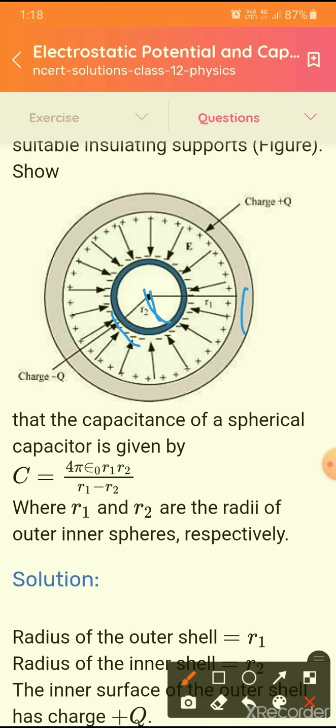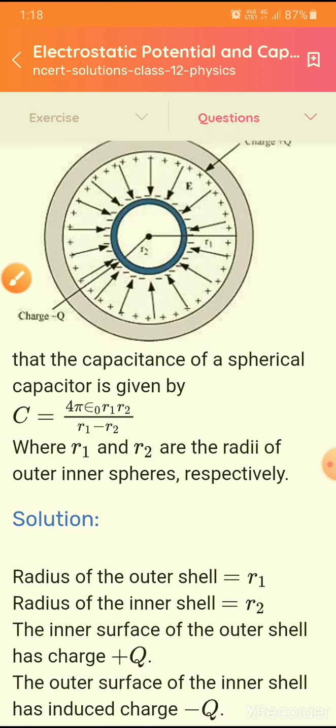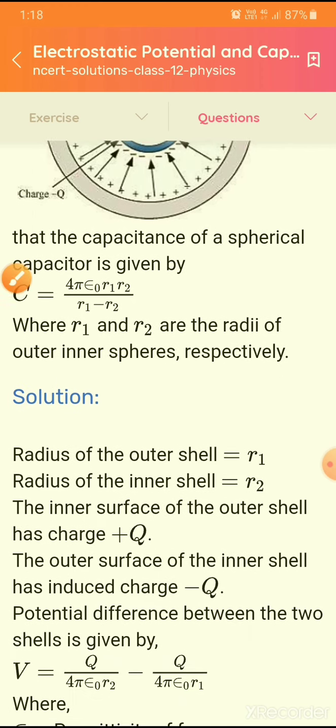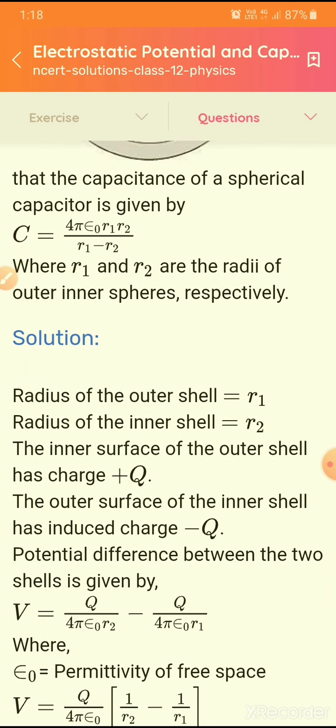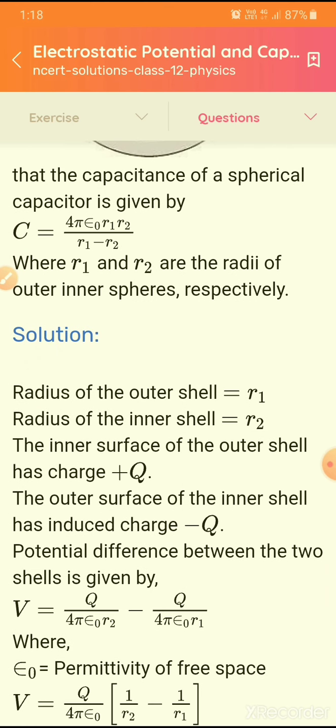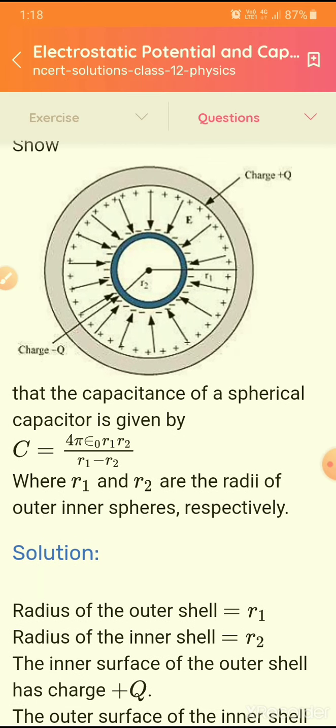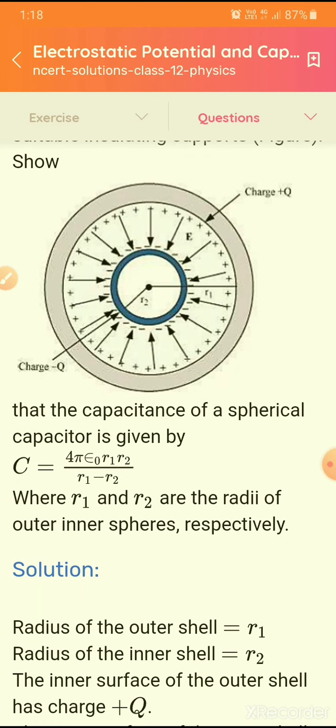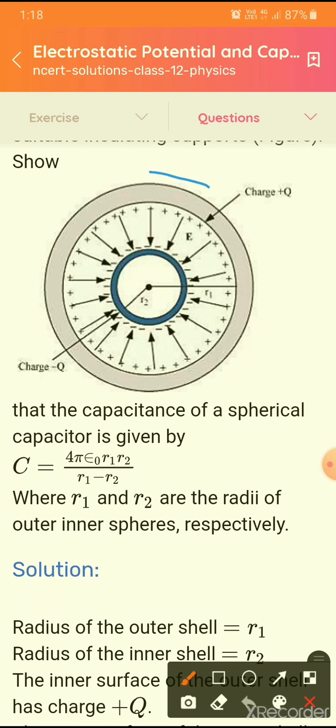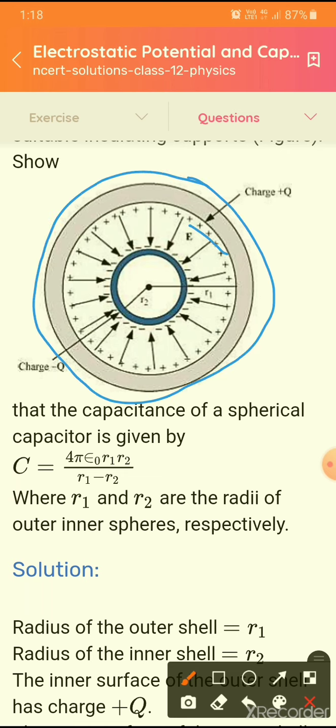Outer sphere radius is R1, inner sphere radius is R2. The inner surface of the outer shell has a charge of plus Q.